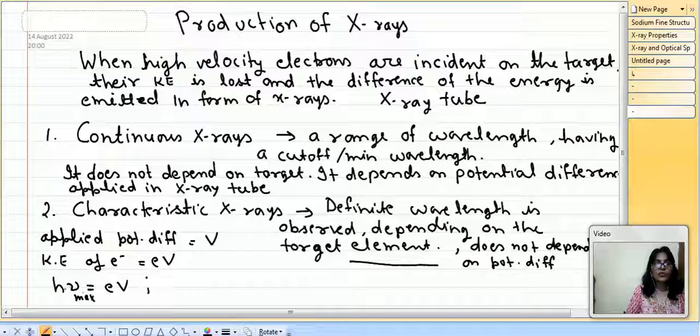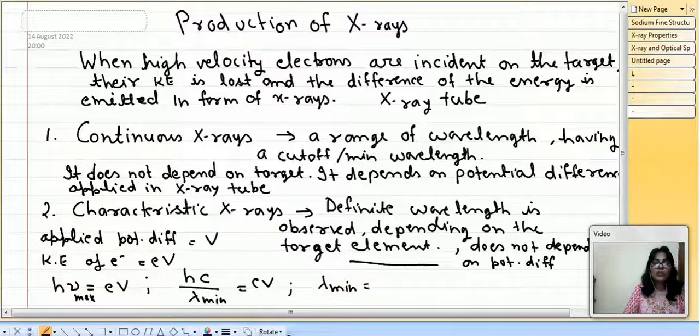So eV is equal to h nu maximum, and because nu maximum is defined, therefore lambda minimum is defined. So let us write it as hc upon lambda minimum, and that is equal to eV, and therefore lambda minimum, or the cutoff lambda, is equal to hc upon eV. Here h, c, e are constant terms, so these constants give 12.414 divided by the voltage.